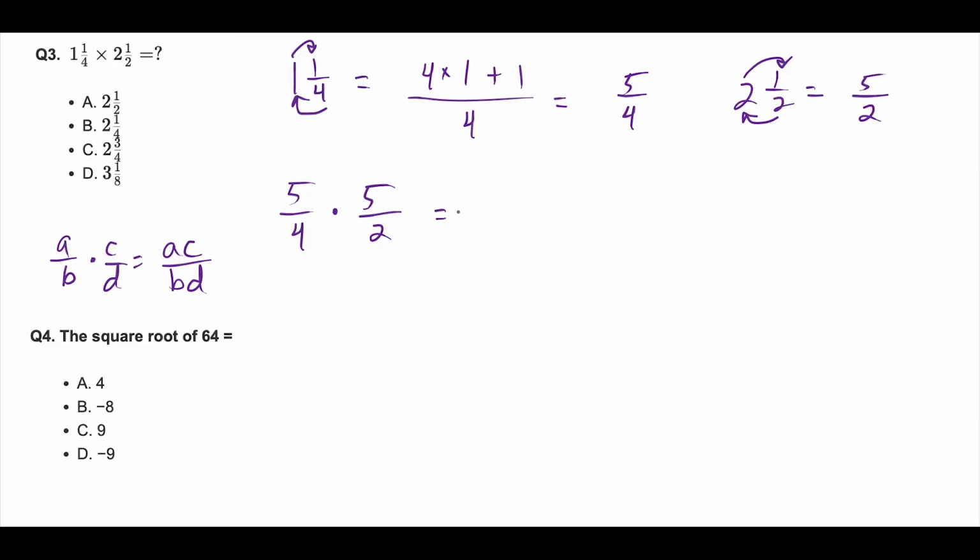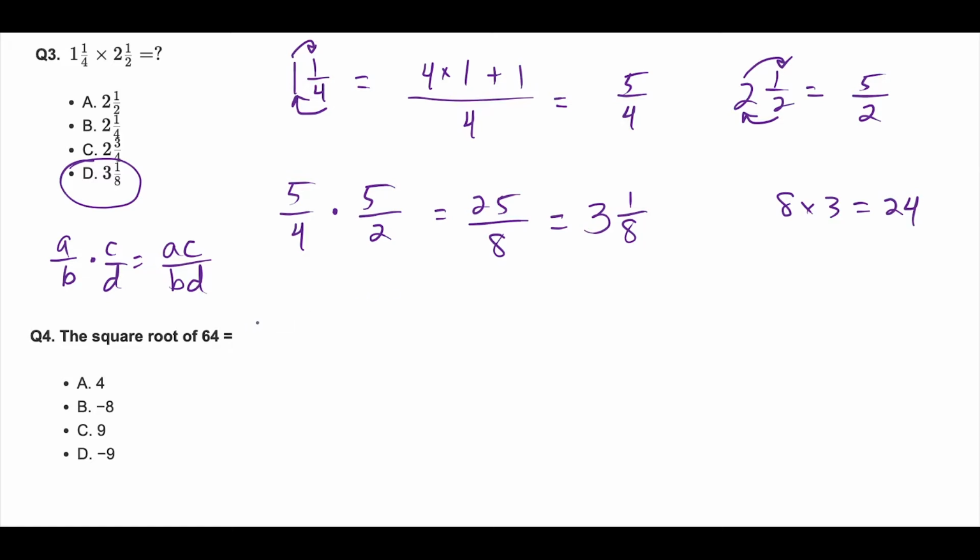So we have 5 times 5 is 25, over 4 times 2 is 8. Once you get to this step, you're doing 25 divided by 8, which is 3 with 1 left over, and our denominator is 8, so we're going to have 3 1/8, which is choice D. The reason I know it's going to be 3 1/8 is that 8 times 3 is equal to 24, and that's 1 away from 25.